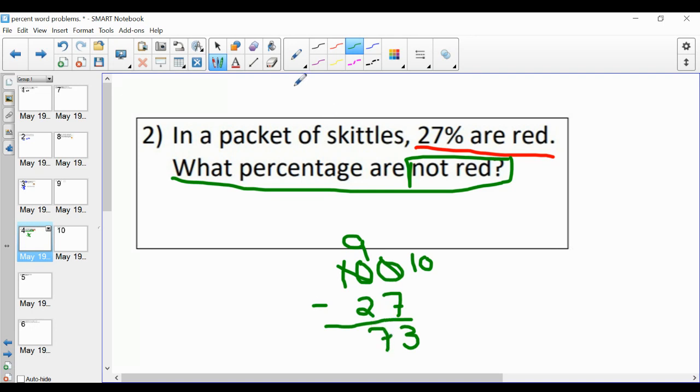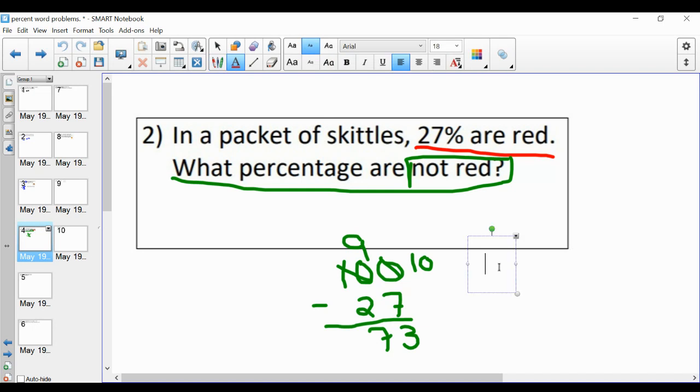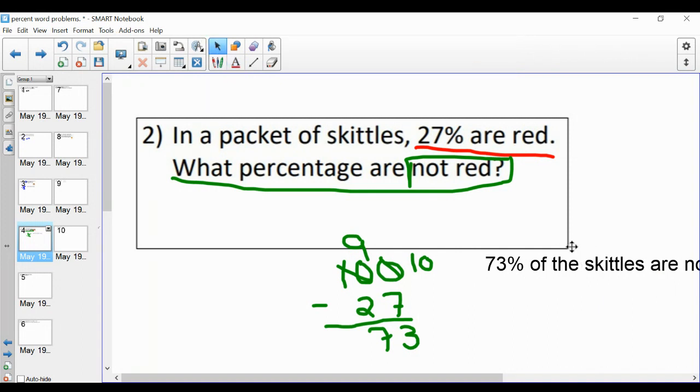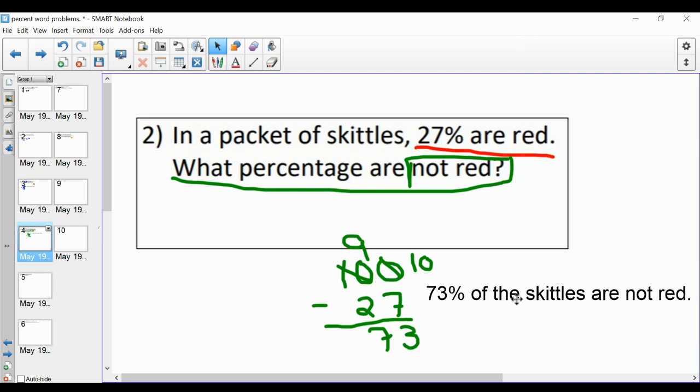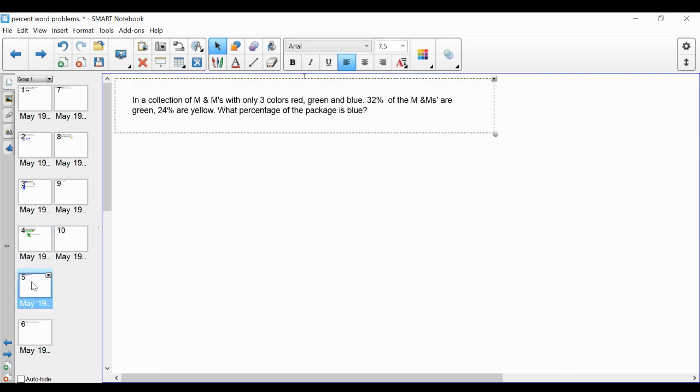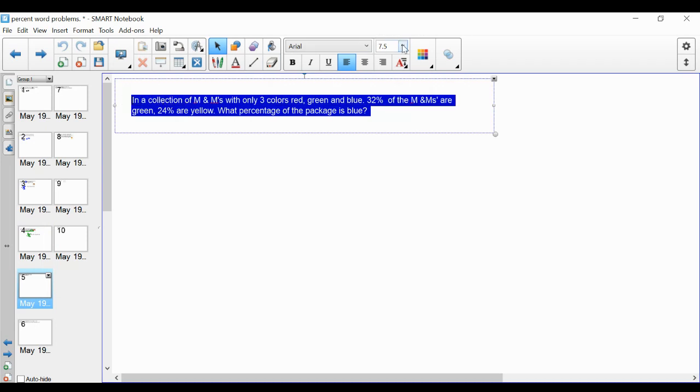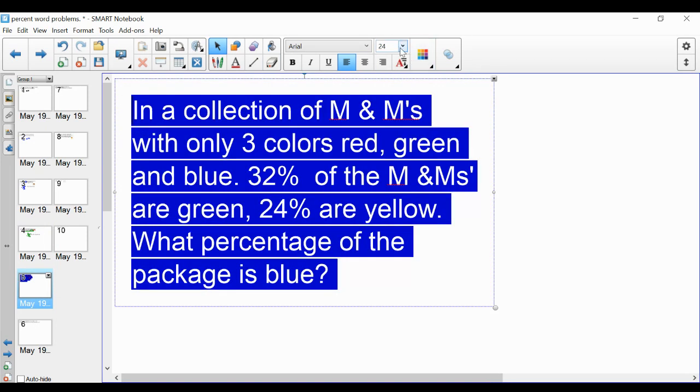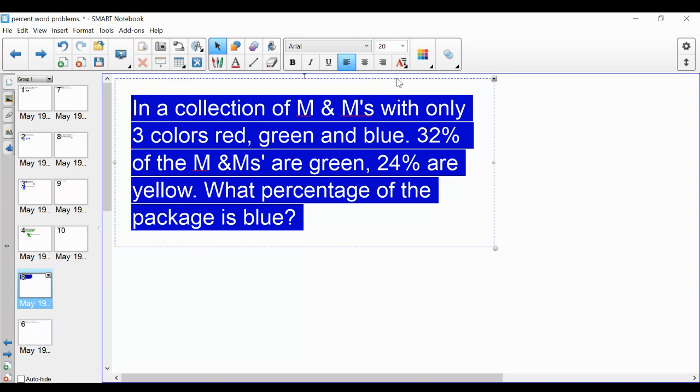So we have 73% of the Skittles are not red. And I put this over too far, so I'm going to move it over so you can see it. Make this a little larger so it's easier to read. Maybe not that big. There we go.